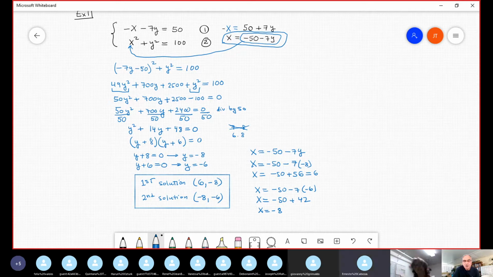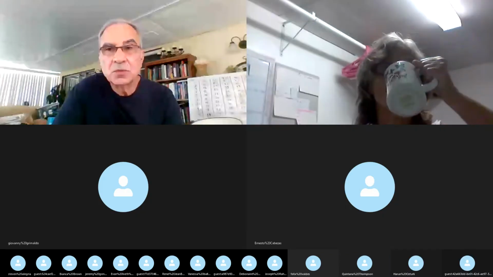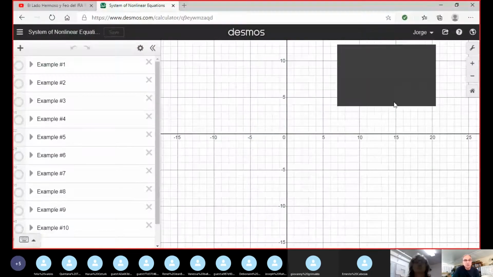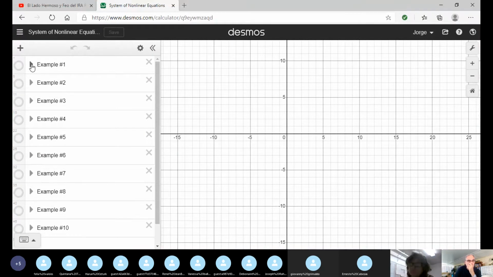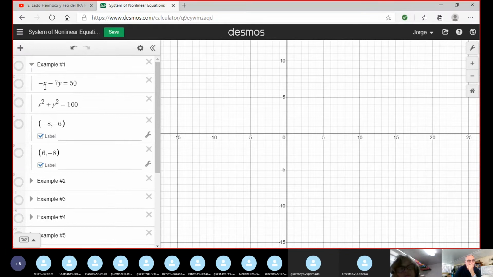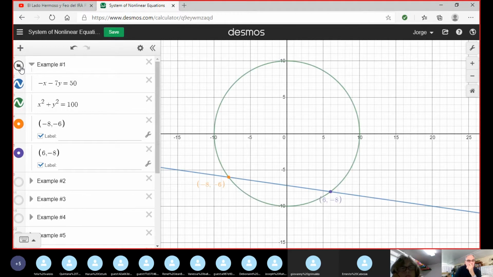Okay, switching to Desmos here. Do you see Desmos? Yes. Okay, look. Example 1 is x minus 7y equals 50, and x squared plus y squared equals 100. I do the graph of this.